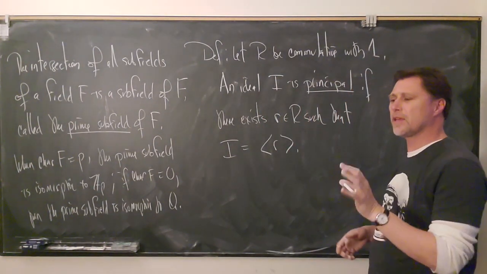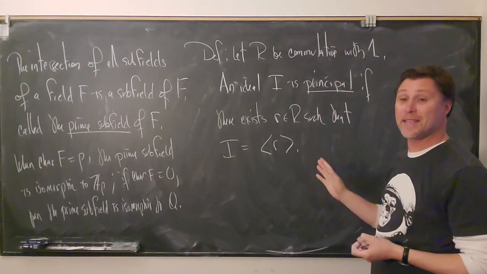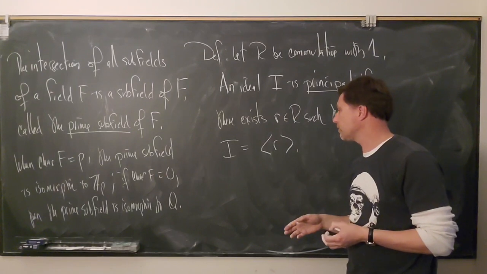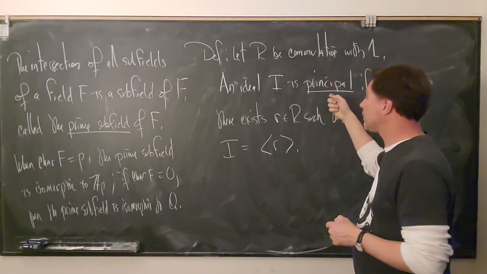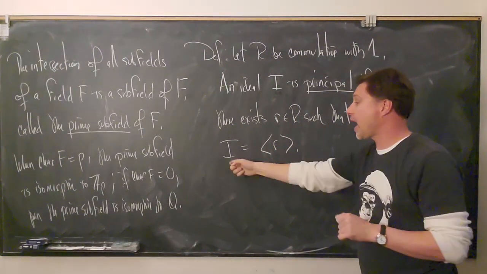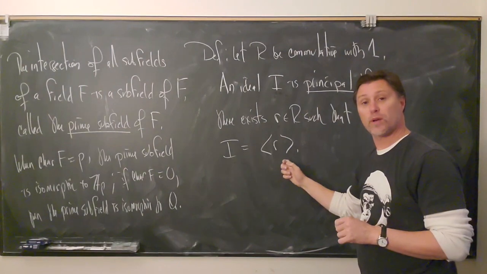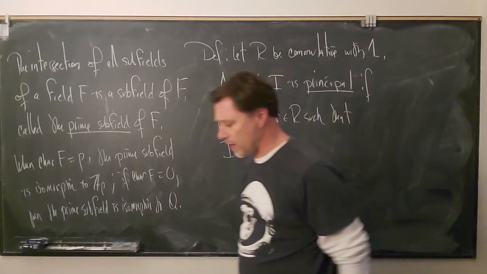I think I used that term principal when I was first defining the ideal generated by some set of elements. Now we say an arbitrary ideal is principal if there exists an r so that I is equal to the ideal generated by some element r. So if an ideal has a single generator, then it's a principal ideal.